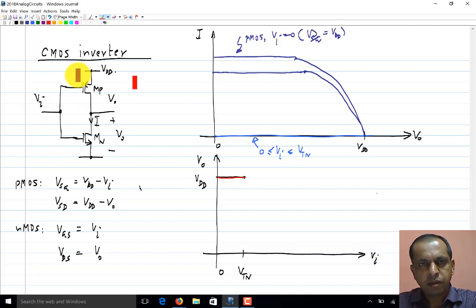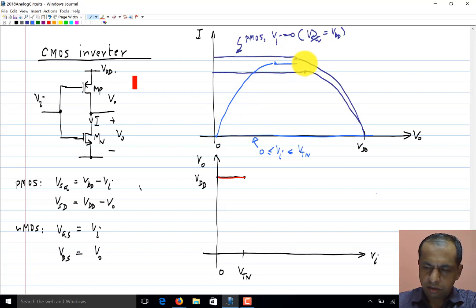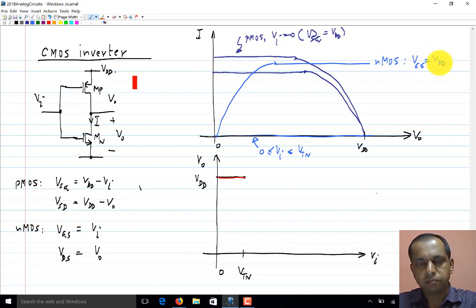Now the NMOS transistor has a gate source voltage equal to VDD, so its characteristic will be like that. So let me assume that this is the NMOS characteristic for VGS equals VDD.